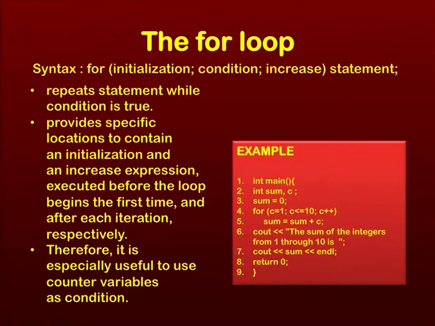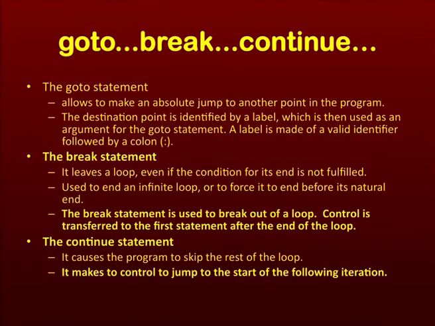There are 3 statements which are also used to control the sequencing of loops in between. They are goto, break and continue. The goto statement allows to make an absolute jump to another point in the program. The destination point is identified by a label, which is then used as an argument for the goto statement.